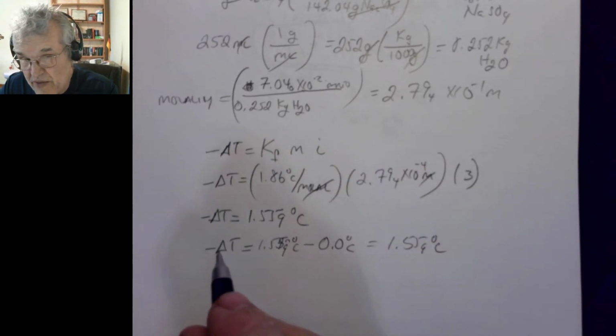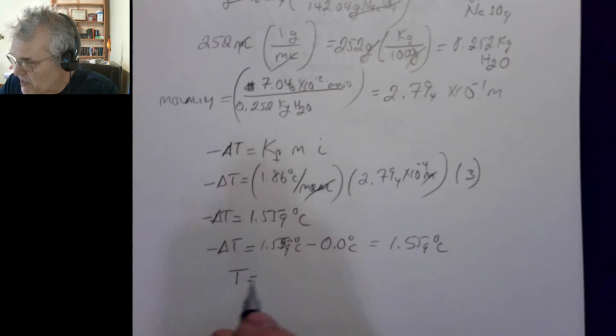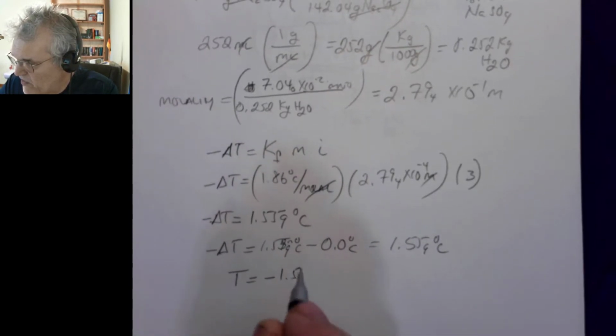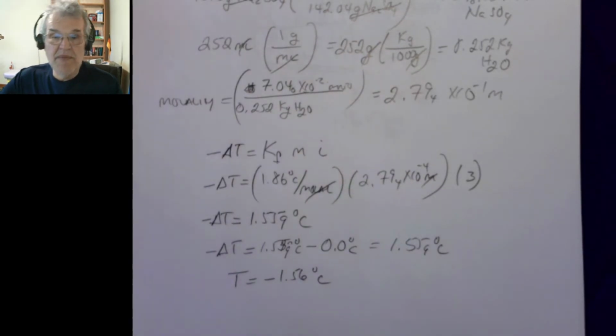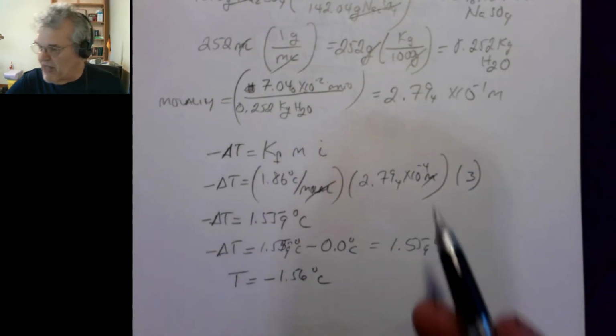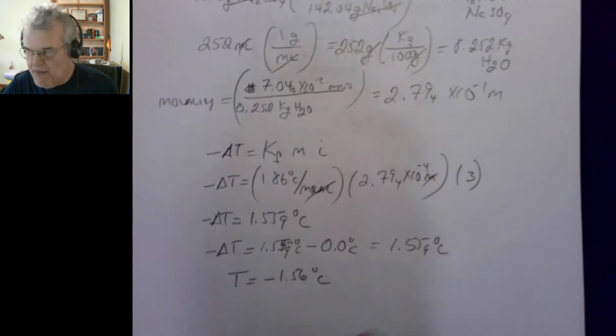But that's the negative of delta T, therefore my new temperature must be equal to negative 1.56 degrees Celsius. And that would be my final answer. So I got my molality, I got my freezing point depression. The new freezing point is negative 1.56 degrees Celsius. Okay? All right.